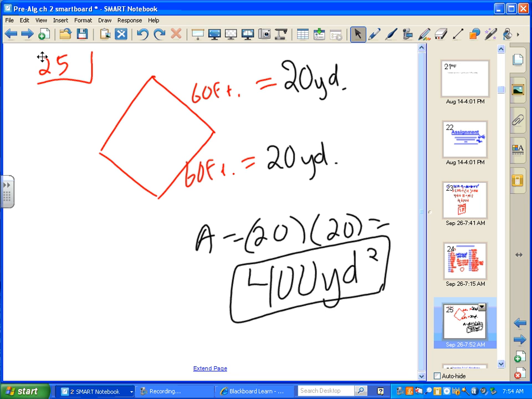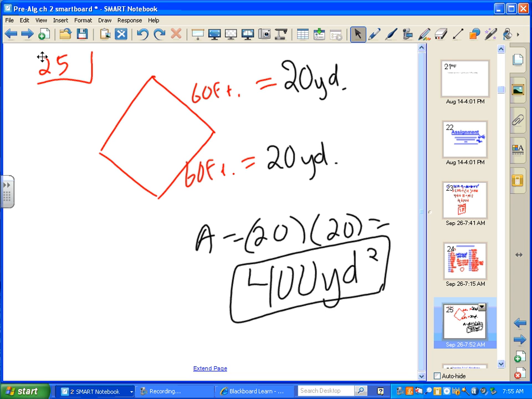Okay. Yeah, that works great. Okay, how about 26 or 27? We're okay? Annalise? Yeah, did you understand they were having you convert from feet to yards?